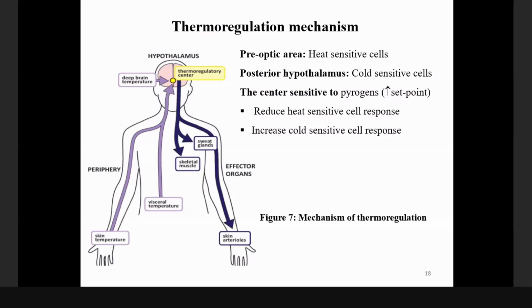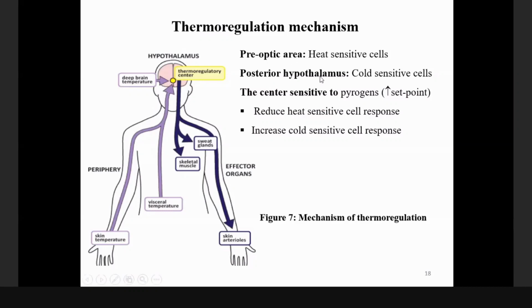Vasodilation of arteries. Third, reduction of metabolism, so glucose breakdown or fat breakdown in your body is reduced. You should take notes. The fourth is salivation. You salivate more, and you draw out your saliva. You are cooling. So these are the heat-losing responses when your body temperature is increased and that was detected by receptors in the pre-optic area of your hypothalamus.